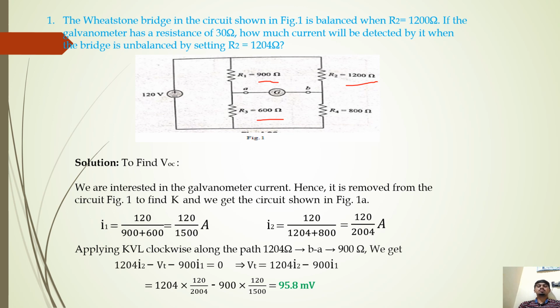And Vt is equal to 1204 I2 minus 900 I1. Substituting the I1 and I2 values, Vt is 1204 into 120 by 2004 minus 900 into 120 by 1500. We get Vt is equal to 95.8 millivolt.